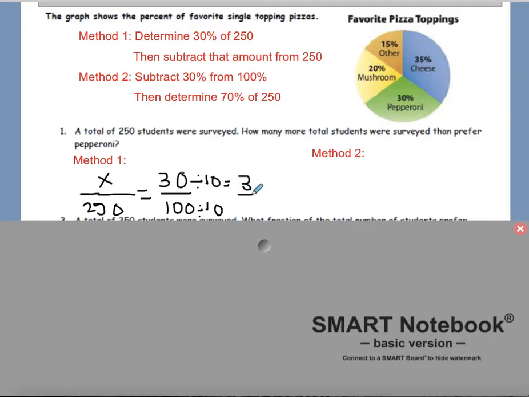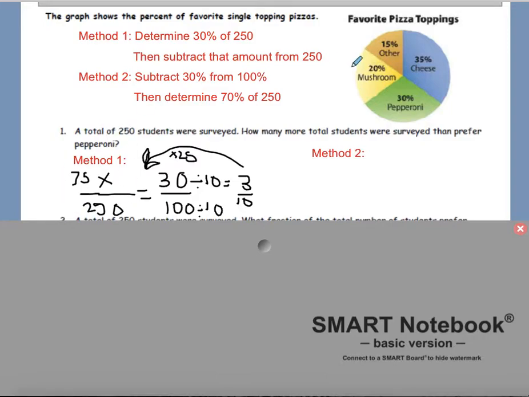All right. So now we have 3 over 10. And now we can go from 10 to 250 by multiplying by 25. And we can go from 3 to our answer over here by multiplying by 25. And so we get 75 as our answer over here.